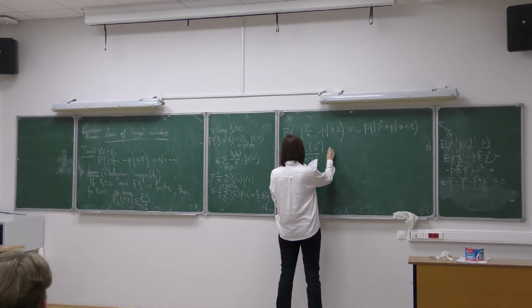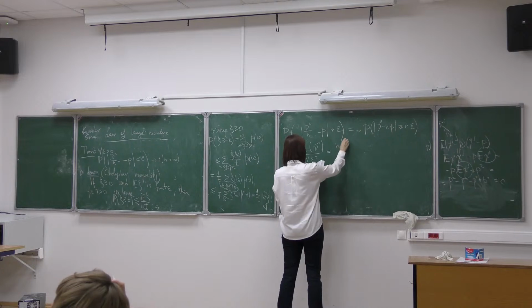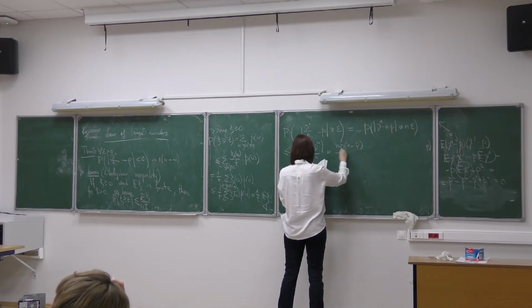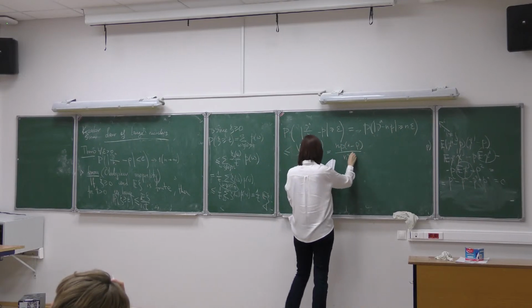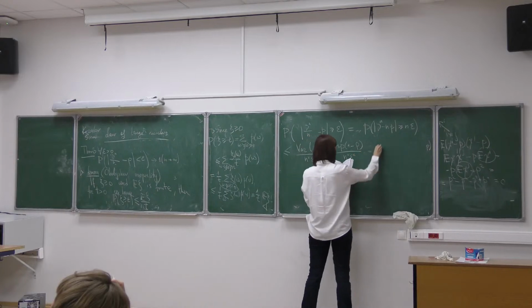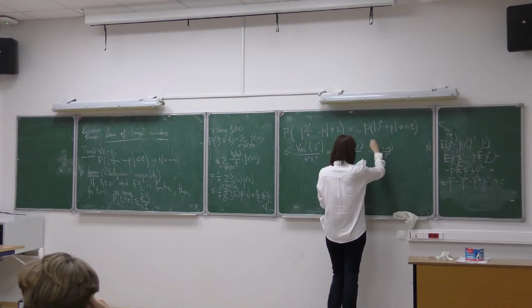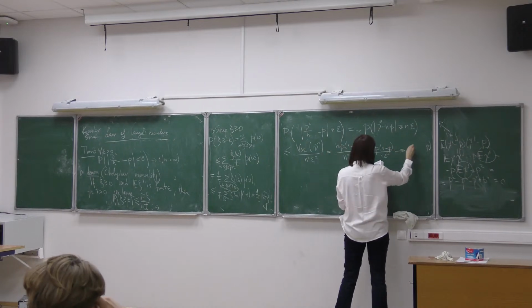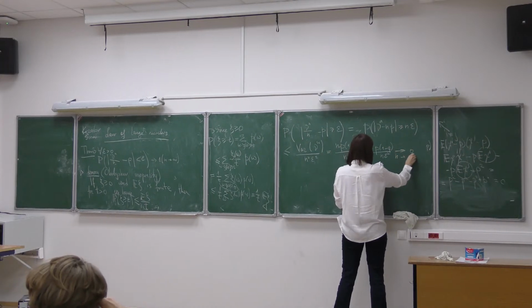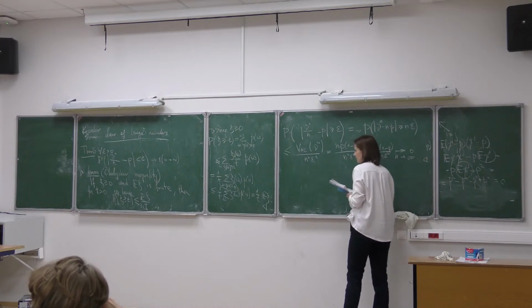So we can say that this is np(1-p) over n square epsilon square, which is p(1-p) over n epsilon square. These are all constants, and so it goes to 0 when n goes to infinity.